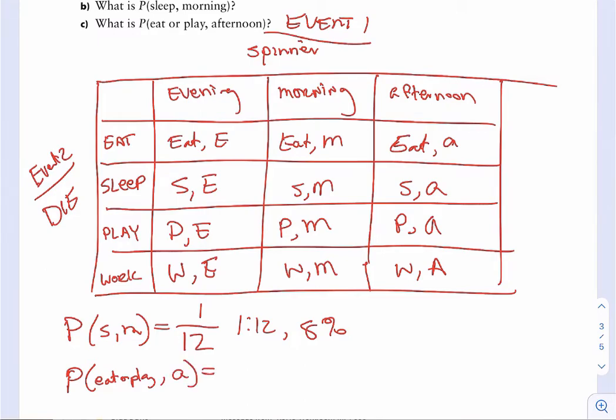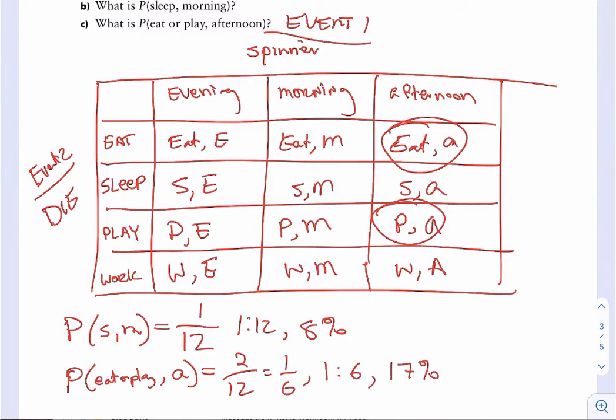Okay, eat afternoon there, play afternoon there. So this time it's 2 out of 12, which reduces to 1 over 6. Which percent-wise is 17% rounded up. Okay.